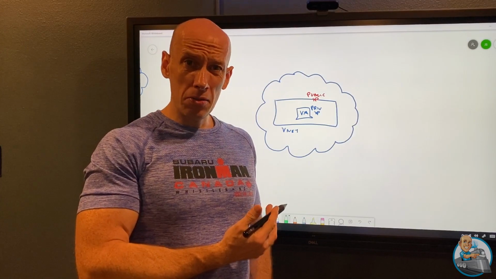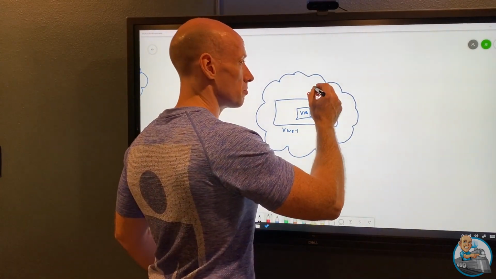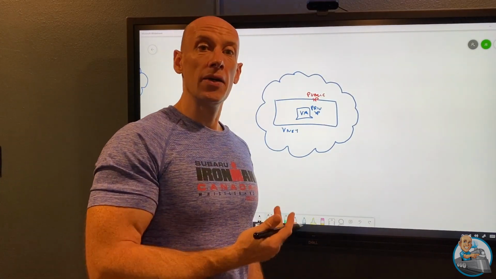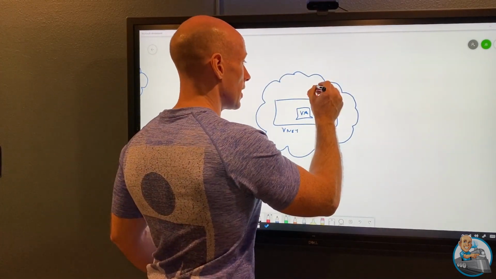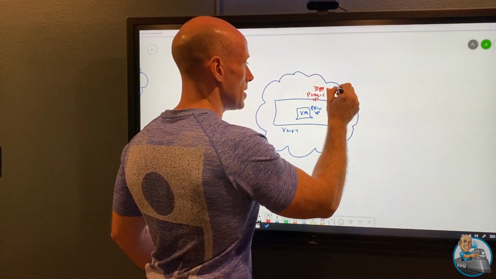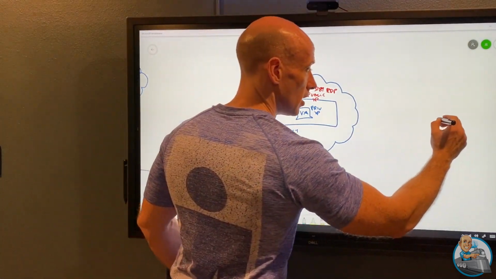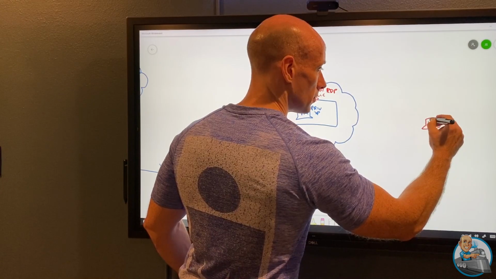But I could also, and we're not saying we're going to do this at all, I could also expose 3389. That's RDP. I'm going to expose that to the internet. So now what I could do is, hey, look, I'm sitting over here just on the internet.